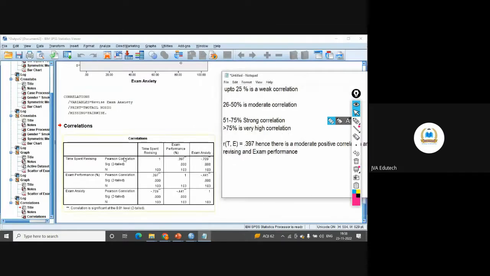If the time spent revising is increased by 1 unit, exam performance also increases by 0.397 unit.